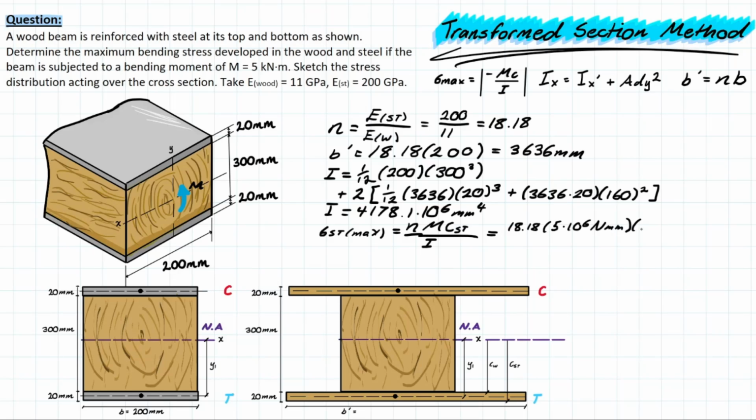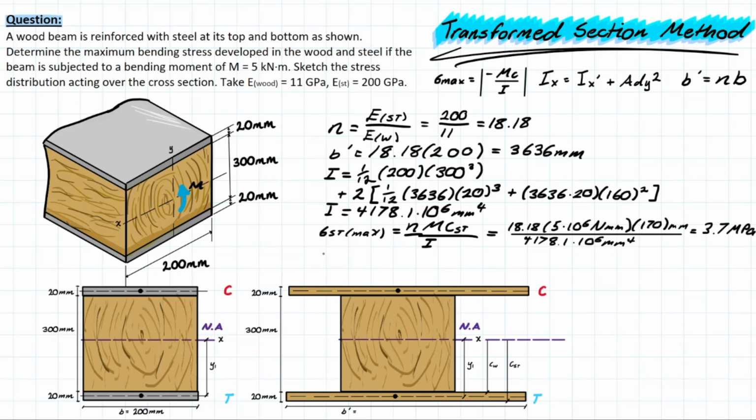We have the distance away, which is C. So that's going to be, once again, half of 300, which is 150, plus that 20, leaving us with 170 millimeters. And then that's all over that inertia value that we had as 4178.1 times 10 to the 6 millimeters to the 4. And solving for that, you will be left with 3.7 MPa.